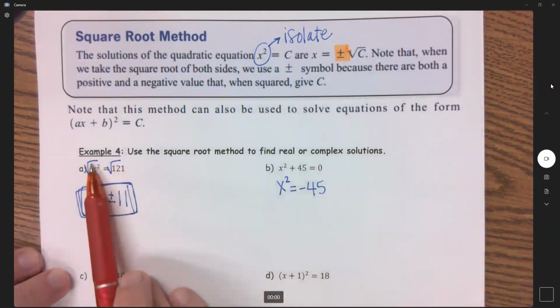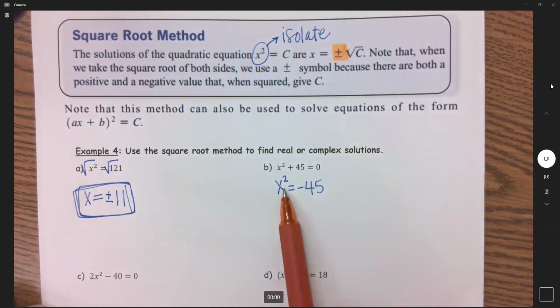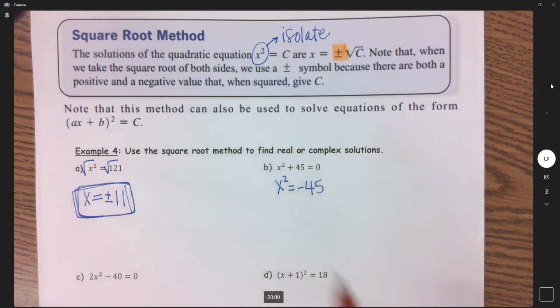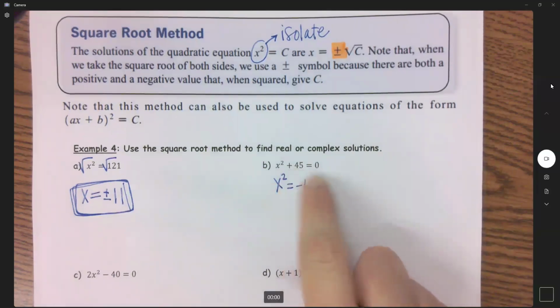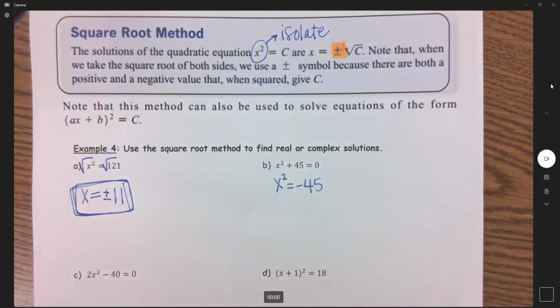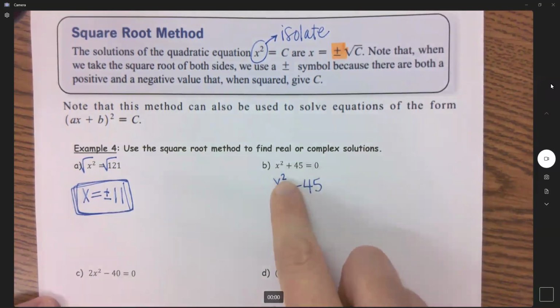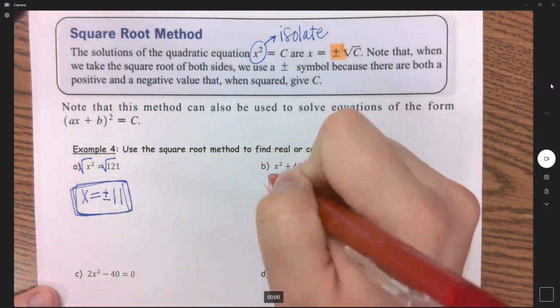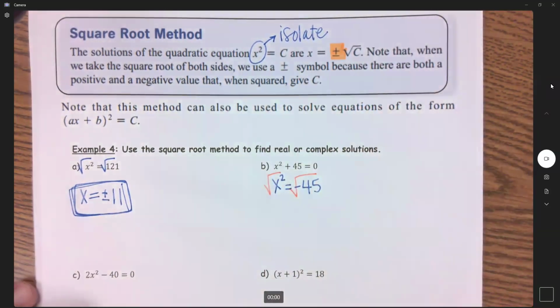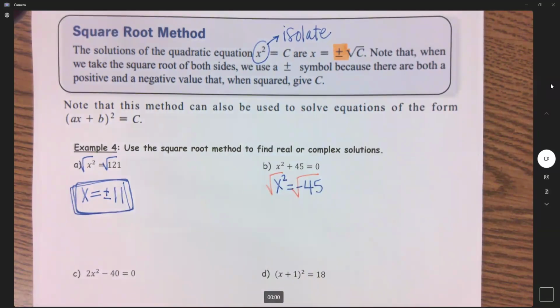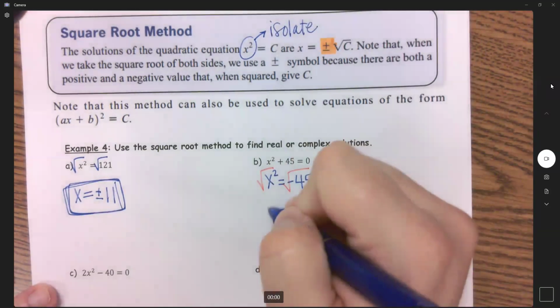And I probably should have talked about this earlier, but we take the square root because that's the opposite operation, right? So the opposite of adding is subtracting. So that's why this plus 45 gets subtracted over. The opposite of multiplication is division. And the opposite of squaring x is to take the square root. So I'm going to take the square root.